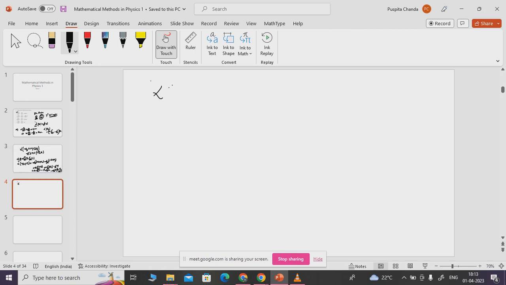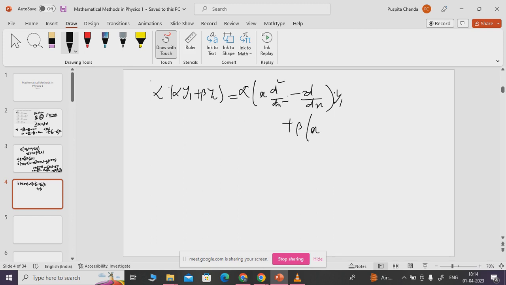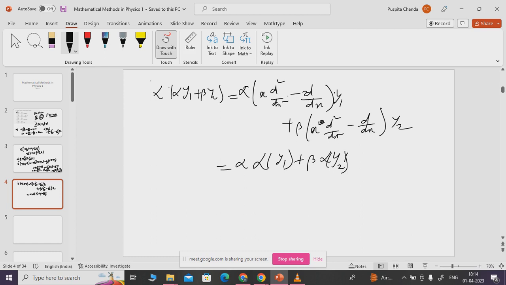So L of alpha y1 plus beta y2 becomes alpha operator y1 plus beta operator y2.